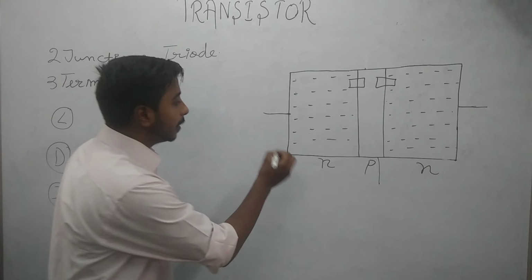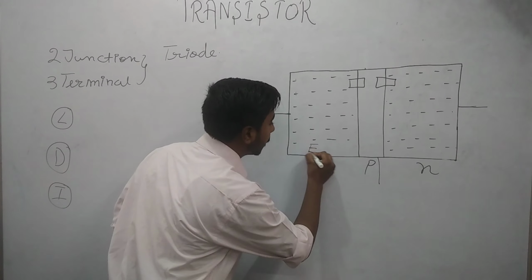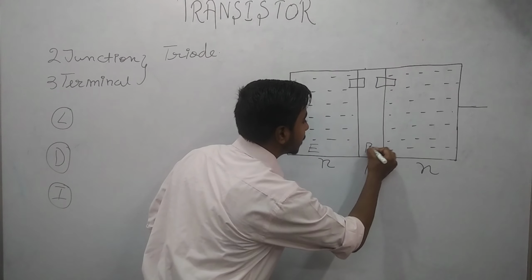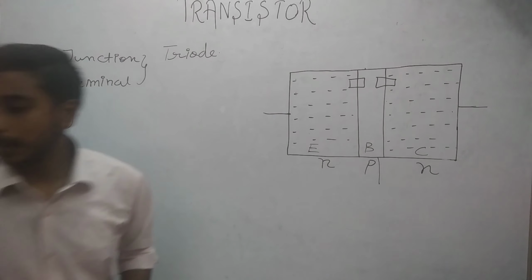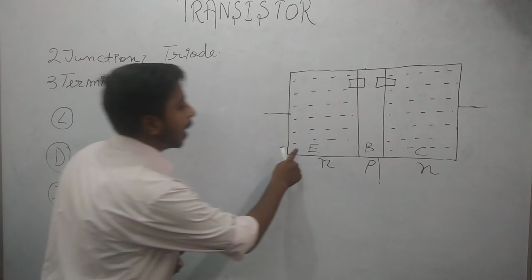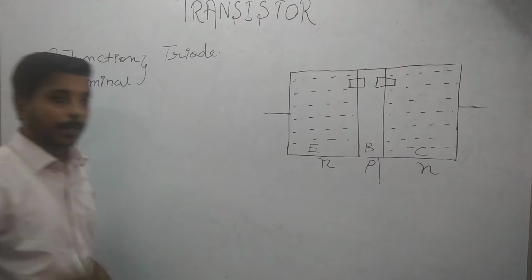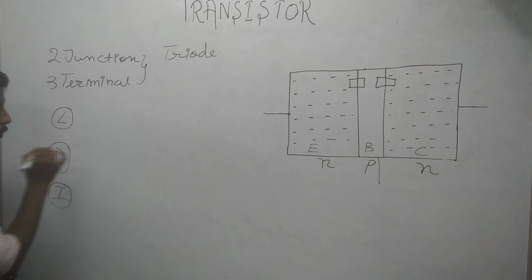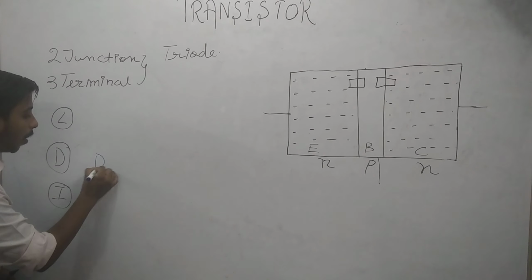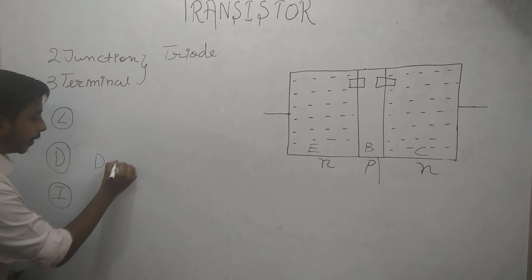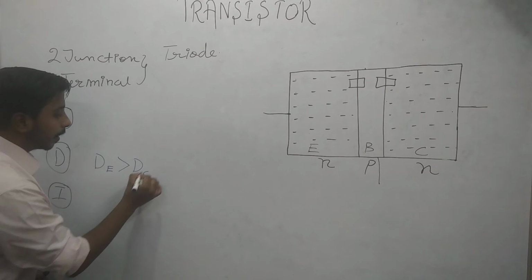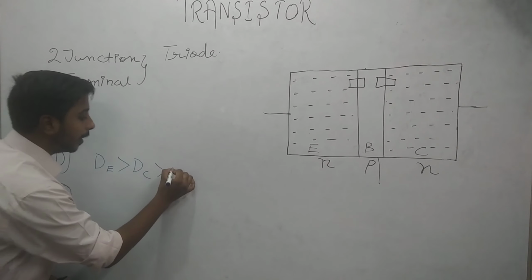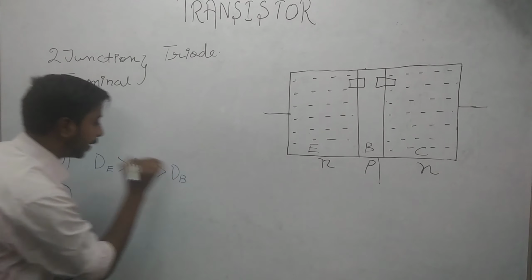Here this one acts as emitter, this one acts as base, and this one acts as collector. This is emitter, base, collector. Now doping of emitter is greater than doping of collector, greater than doping of base.